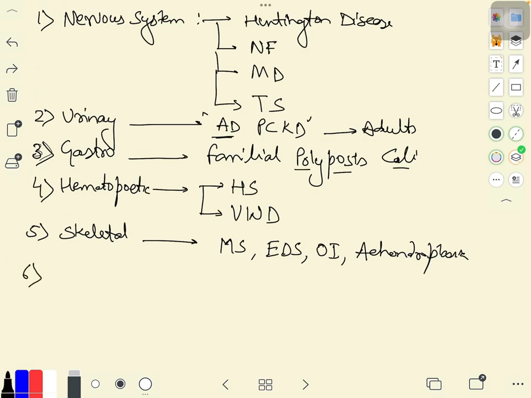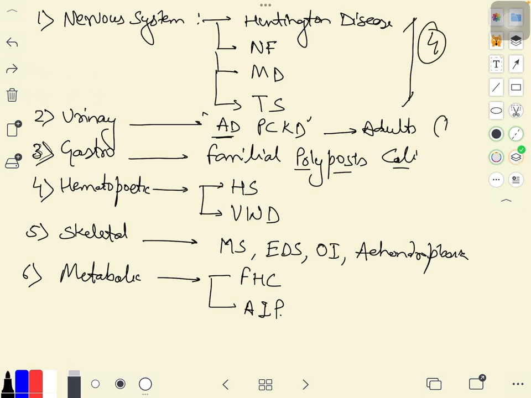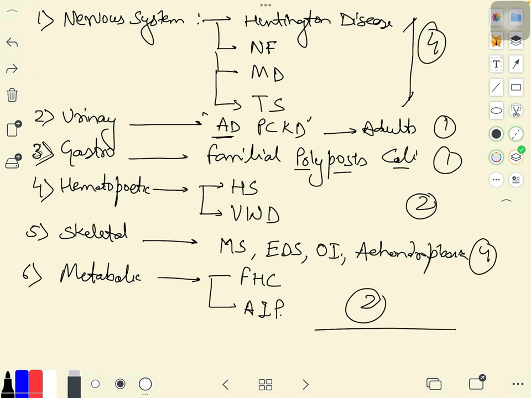And the last system is metabolic. In the metabolic system, we will have two major diseases: familial hypercholesterolemia and acute intermittent porphyria. Out of all those 20 diseases, at least we have to remember four from here, four from here, two, and two. So 4, 4, 8, 10, 14. 14 diseases.